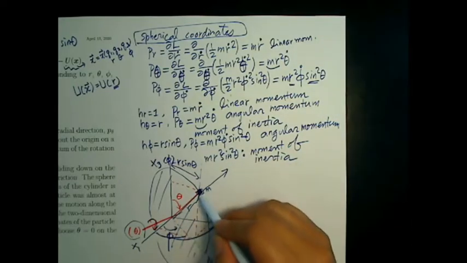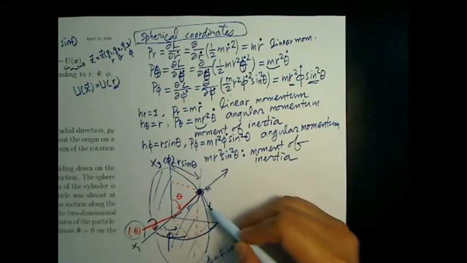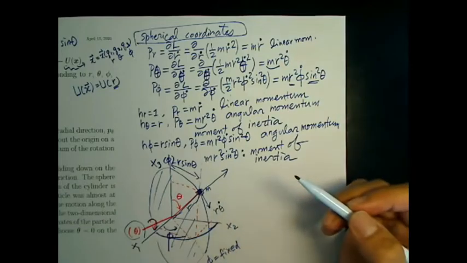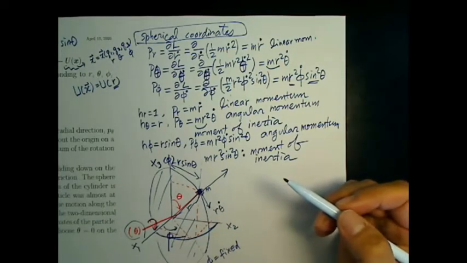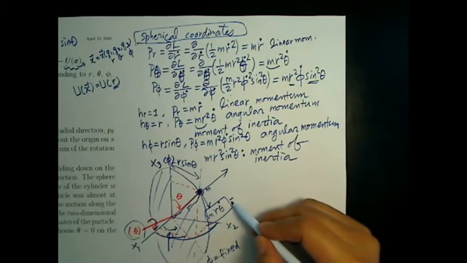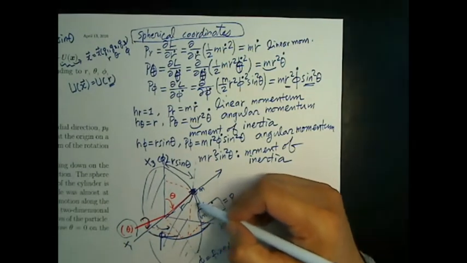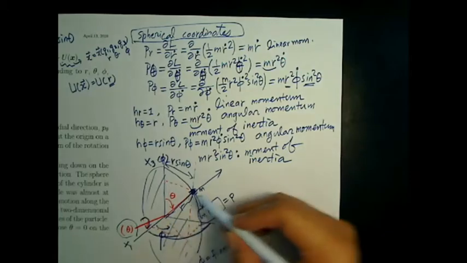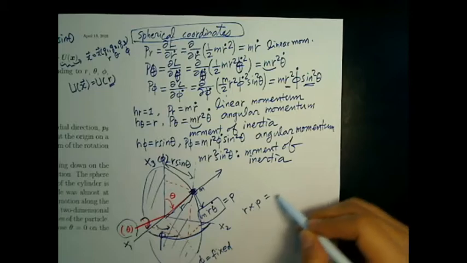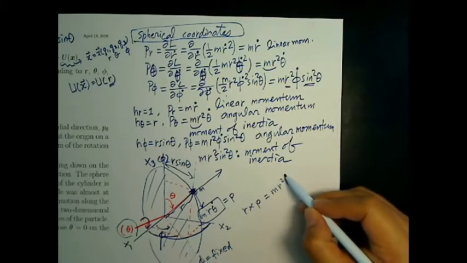Therefore, this is the lever arm, and r times the velocity is r theta dot, and m r theta dot is the tangential momentum, and this is the radius, r cross p, that is m r squared theta dot.